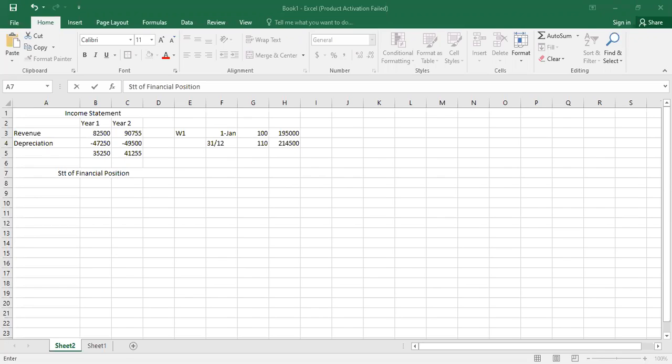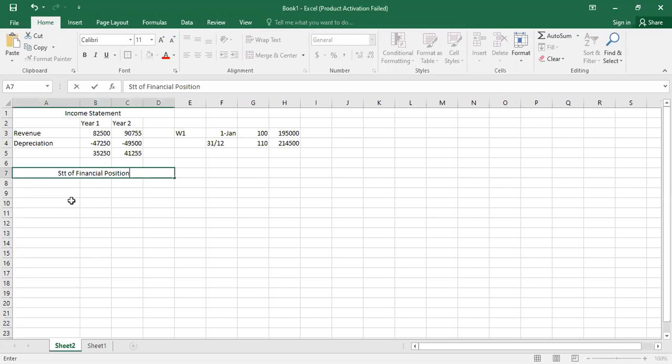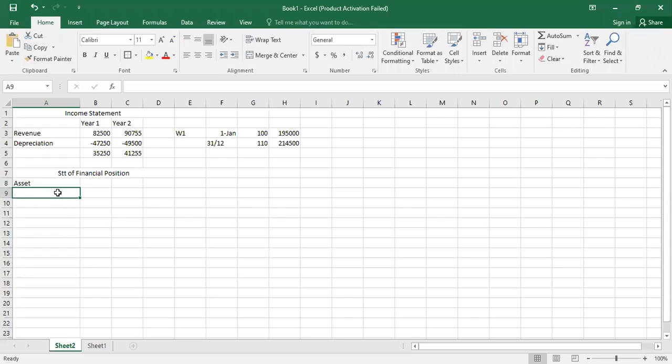So our assets, we have the value. Our building will be valued at... can you see my screen? We have the Excel sheet, right? Yes. So we have our building.